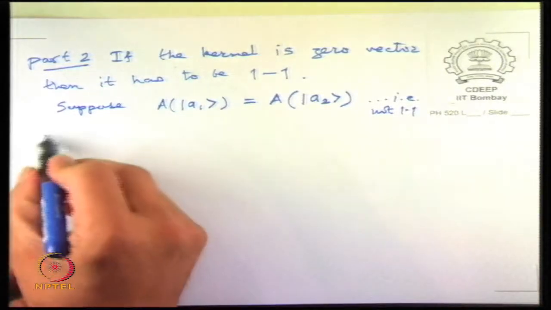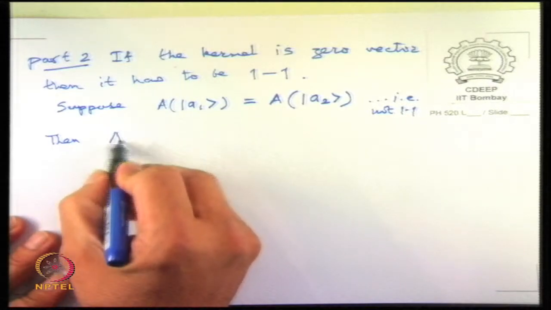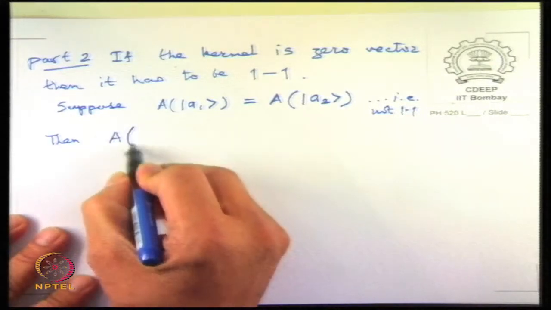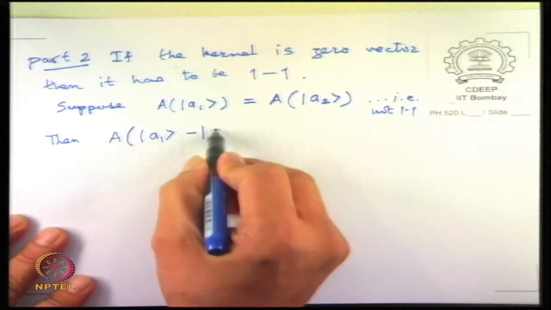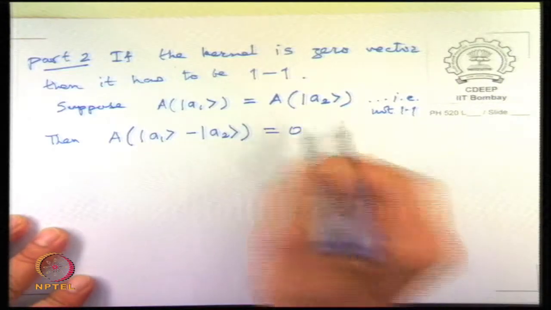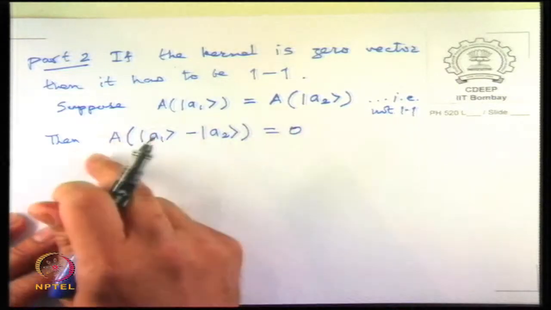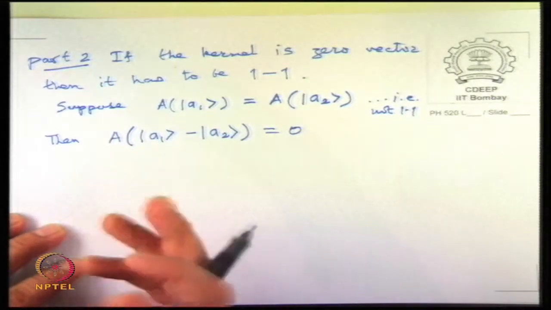But then, because we are using a linear transformation, it means that A of A1 minus A2 vector is obviously equal to 0, because I take this to this side and I use linearity of the operation, right.